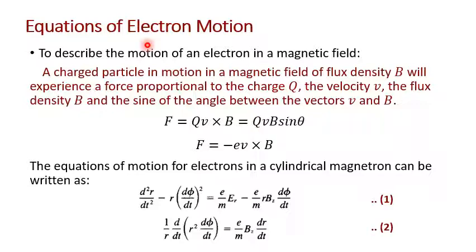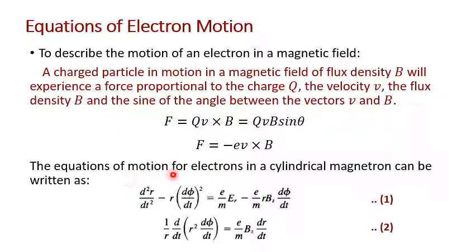In order to describe the motion of an electron in the magnetic field, we know that a charged particle in motion in a magnetic field having a flux density B is going to experience a force which is proportional to the charge Q, the velocity V, the flux density B, and the sine of the angle between the vectors V and B. That can be mathematically represented as F = Q V cross B, which is equal to Q V B sin theta. Since the charge of the electron is minus e, you can write F = minus e V cross B.